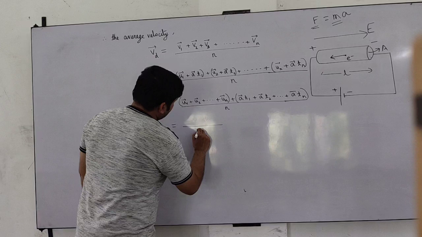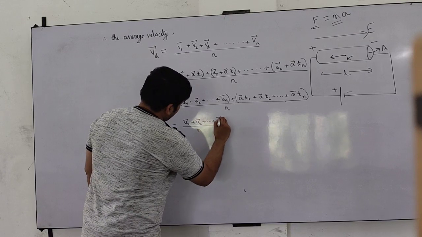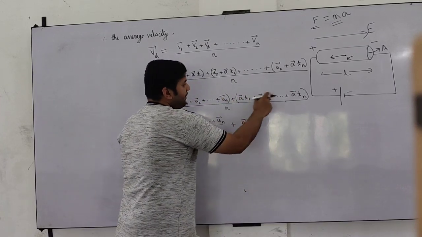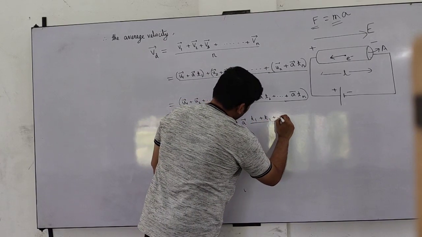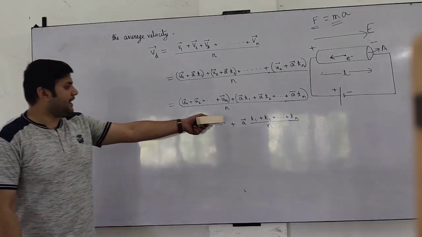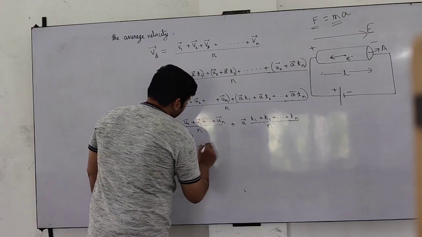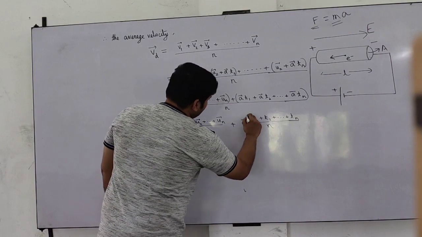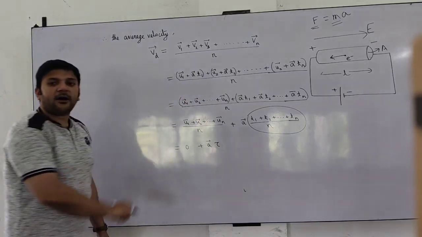Now we can separate the denominator: u1 plus u2 plus un over n, plus, here you see we can take a common outside the bracket, and inside remains t1 plus t2 plus tn divided by n. This is equal to 0 plus a vector, and I have written this within a single letter tau.